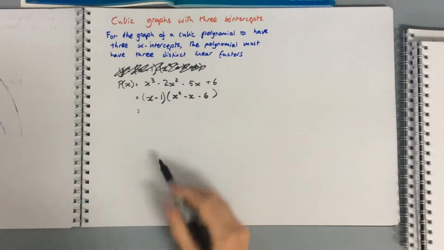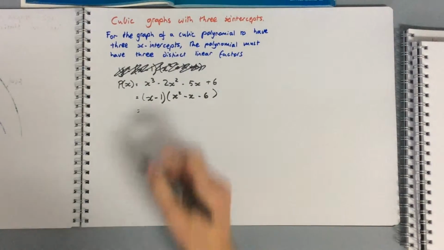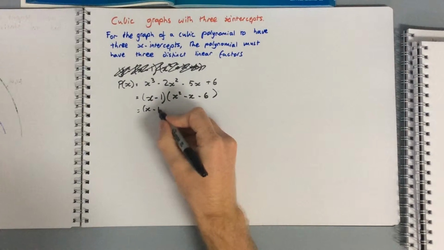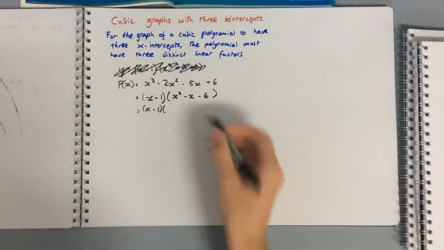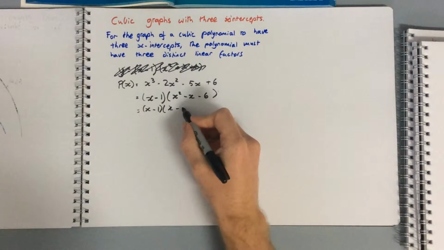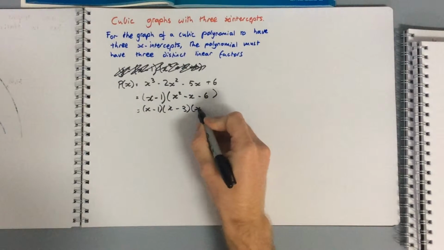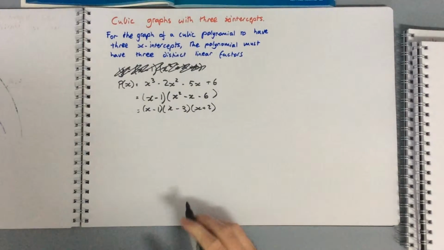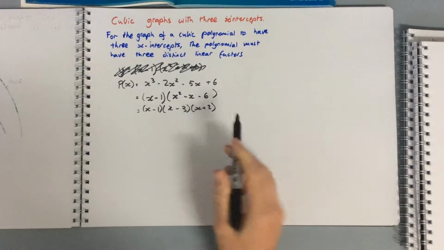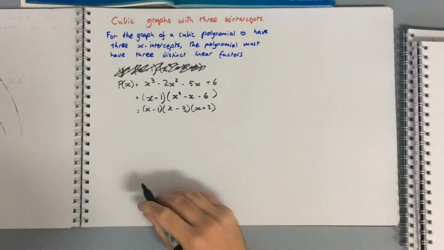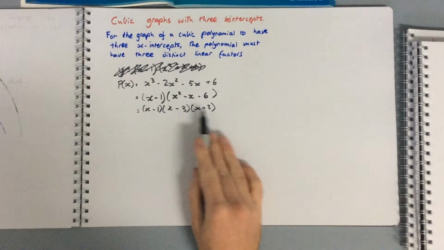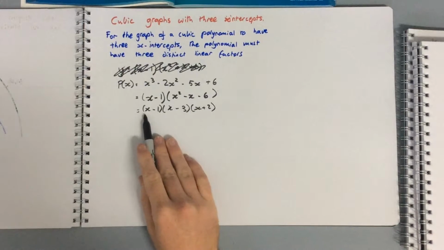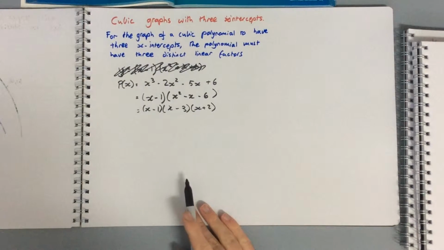Now we can actually go further like we did before to get 3 linear factors. So x squared take x take 6 we can factorise as x take 3 and x plus 2. Minus 3 times 2 gives us minus 6, minus 3 plus 2 gives us minus 1. So we get 3 linear factors.